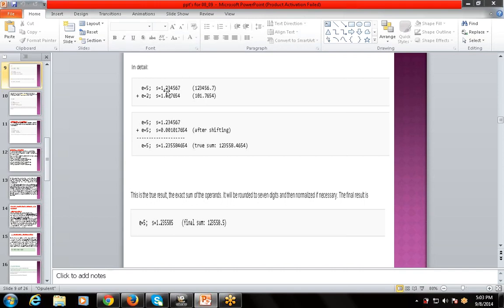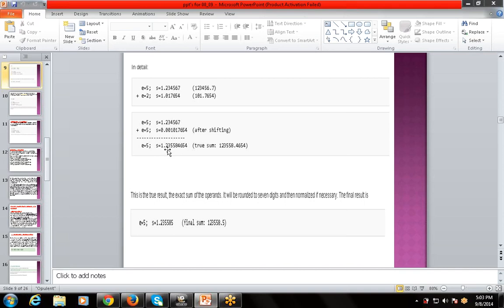This is 8 bits: 1, 2, 3, 4, 5, 6, 7. There are 7 bits, not 8 bits. No, these are 8 bits: 1, 2, 3, 4. Yeah, 8 bits. This is also 8 bits, but the output is more than 8 bits. So we are discarding the rightmost or the most significant bit.